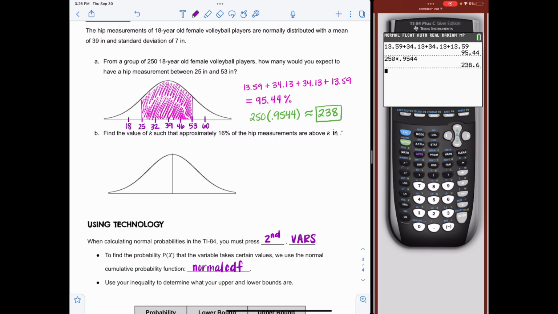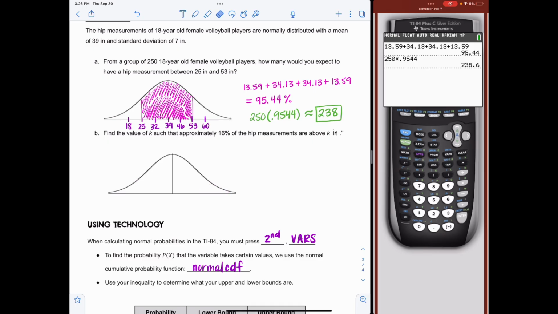However, if I say that I only want 16% of the measurements to be above K, then that means I want to shade somewhere over here because I only want 16%. If I say this is the value of K and I shade here, that is way more than 16% because from the half point of the curve until the end is 50%.